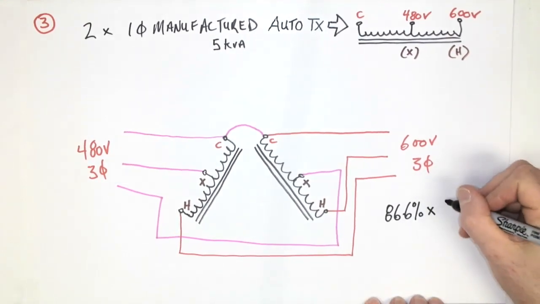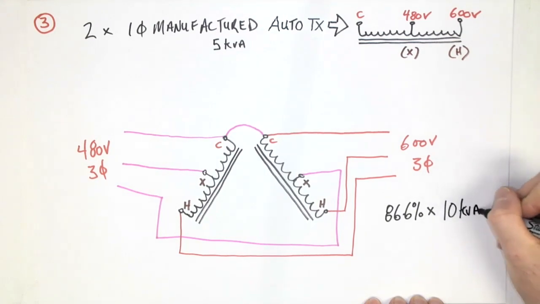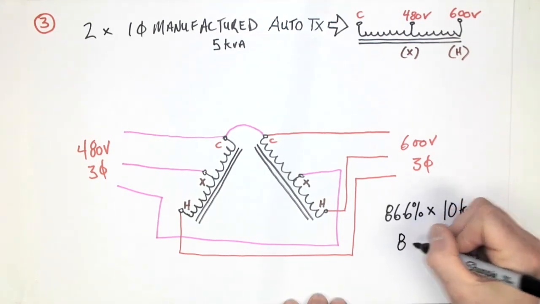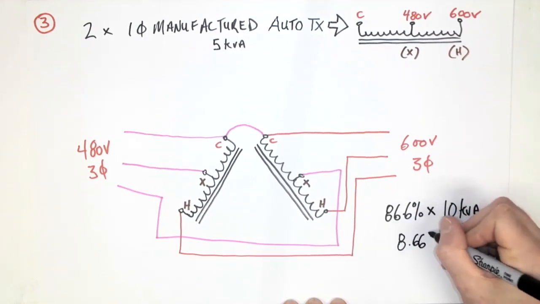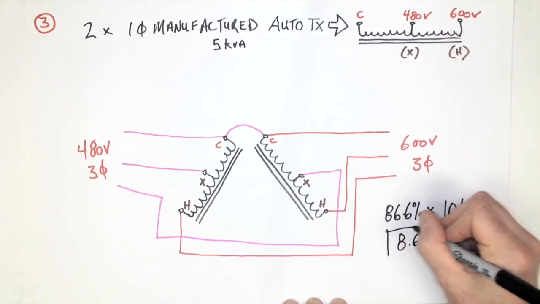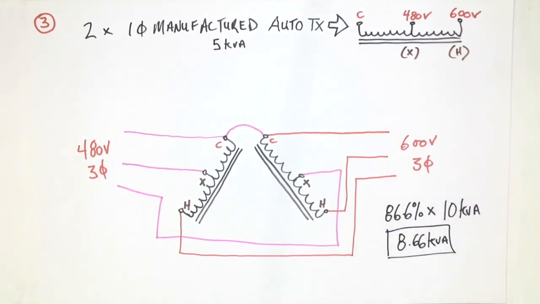So times 10 kVA. That, of course, gives us 8.66 kVA total load that this particular installation could provide. And of course, that would be the same on the primary and the secondary.